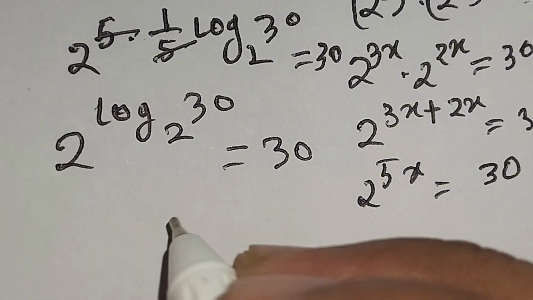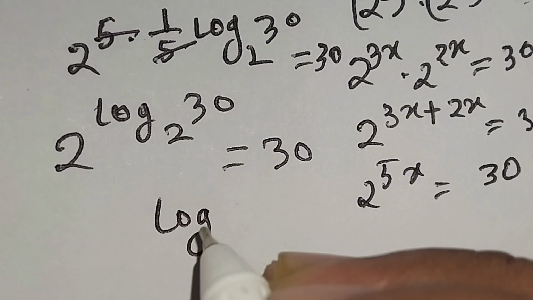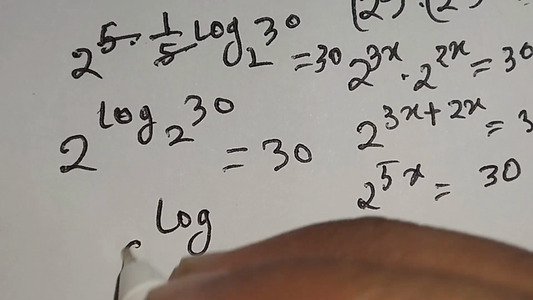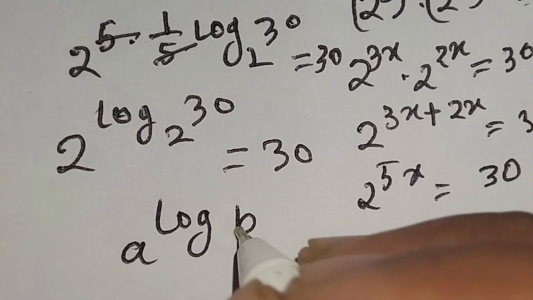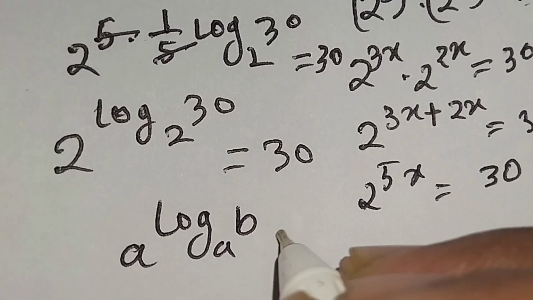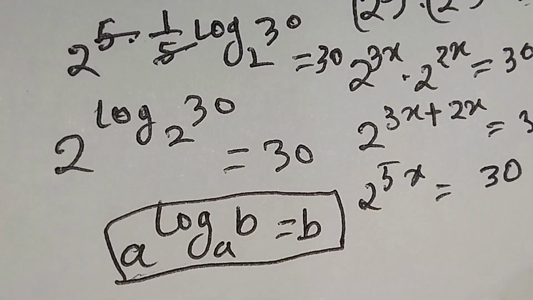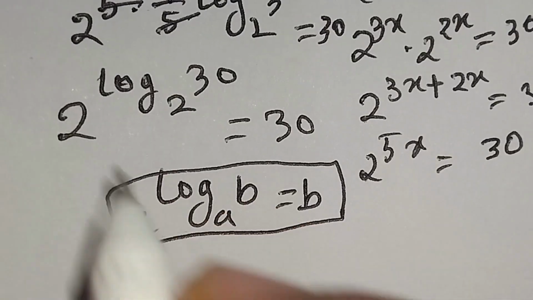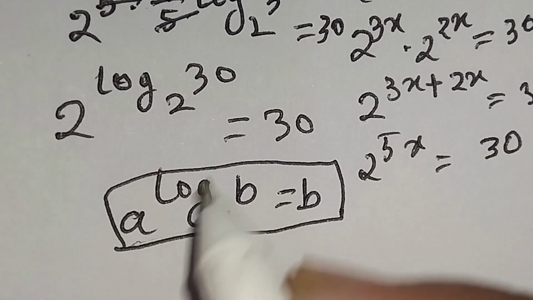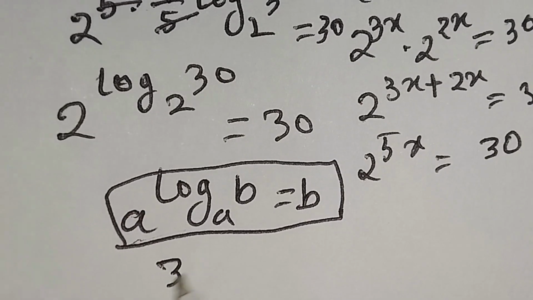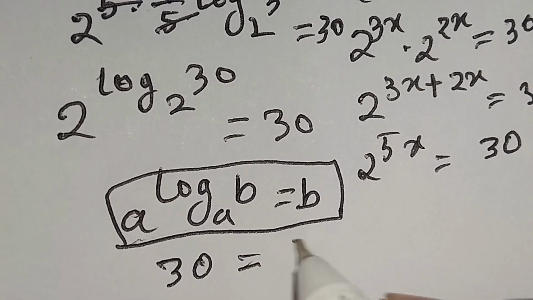We know a to the power log b to the base a is equal to b. According to this property, we can write here this 30 is equal to this 30.